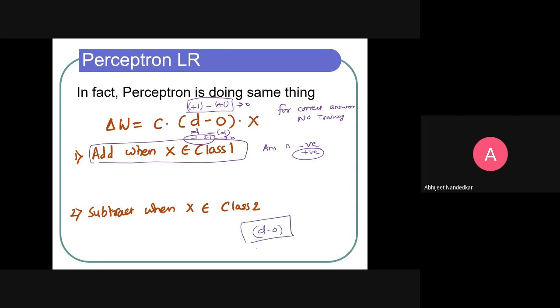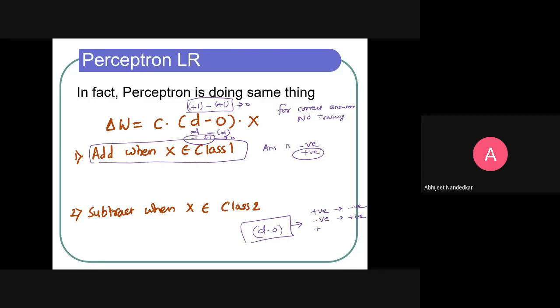So this d minus o is very important. So it is checking whether you want positive answer and you obtain negative answer, what to do. When you want negative answer, you obtain positive answer, what to do.